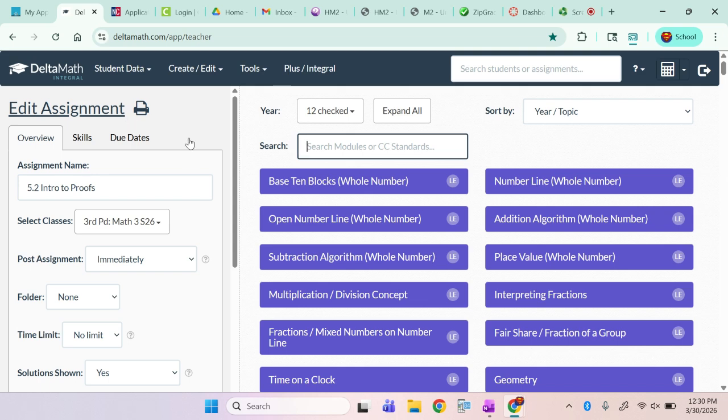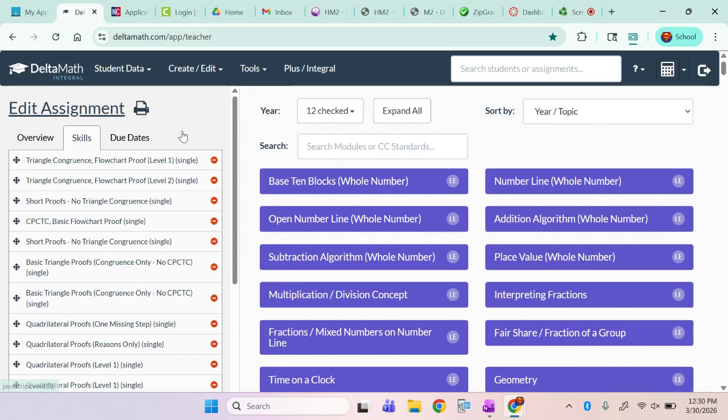So, let's try some of these. Delta Math, 5.2 Intro to Proofs. We're going to do the very first one together.